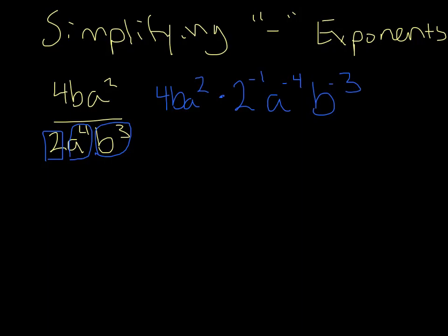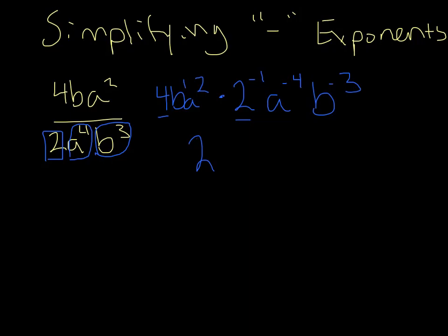So now the same way we do any multiplication and simplification of exponents, we apply here. So we do it with the coefficients. So 2 to the negative first, like we said, is 1/2. So 4 times 1/2 is 2. And then we have b to the first times b to the negative third.